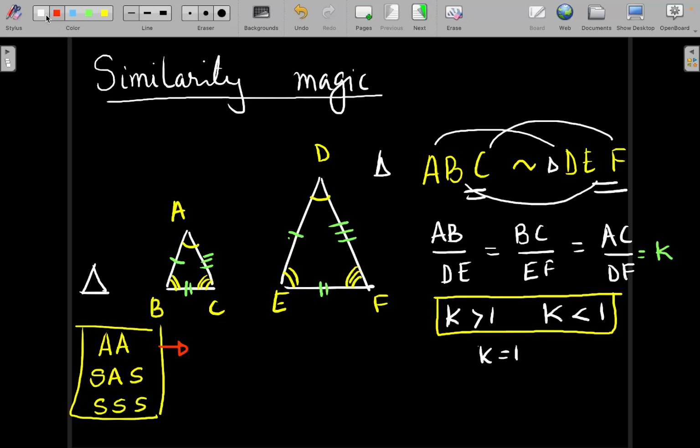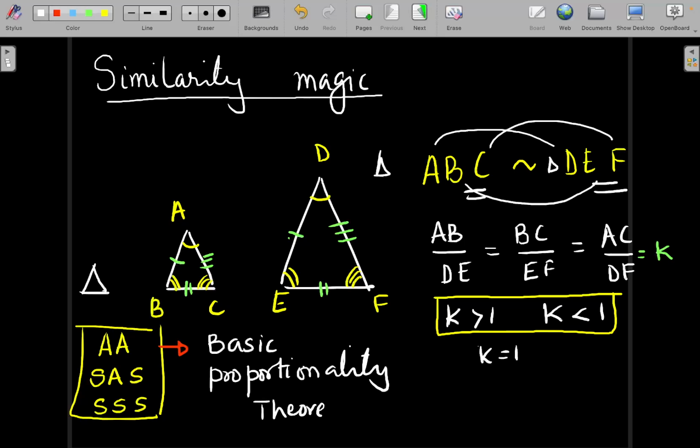Maybe we can do it in one of the future classes, but at this moment I really want you to know that the basic proportionality theorem that you learn in class 10 or maybe class 9 is all you need to prove the three criteria of similarity. So with this background in similarity, let's unfold the magic of similarity by a series of nice results.